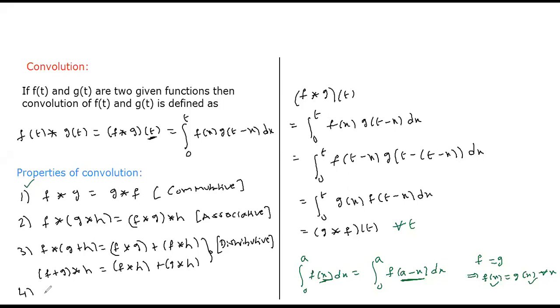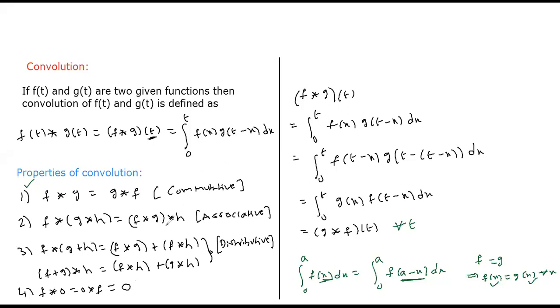Now, what will be f convolution 0? See the definition. F convolution 0 is the integral from 0 to t of f of x into 0. Zero is constant, so f into 0 is 0. What is the definite integral of 0? 0.